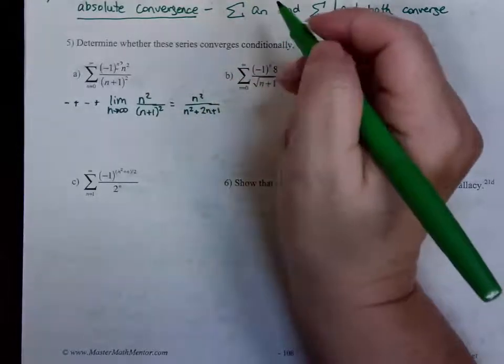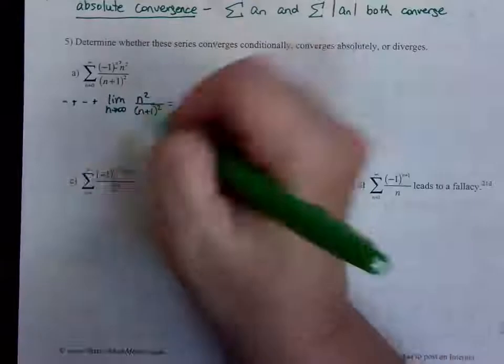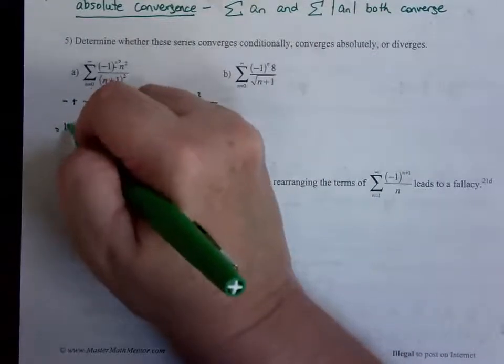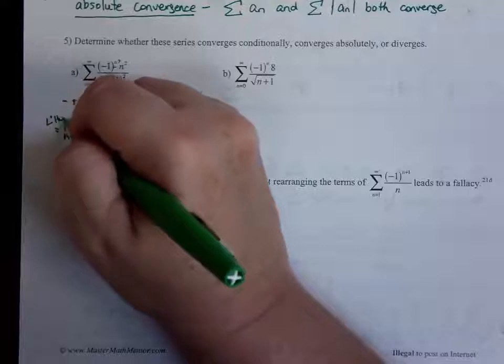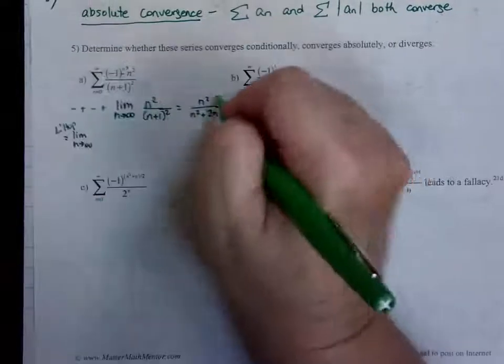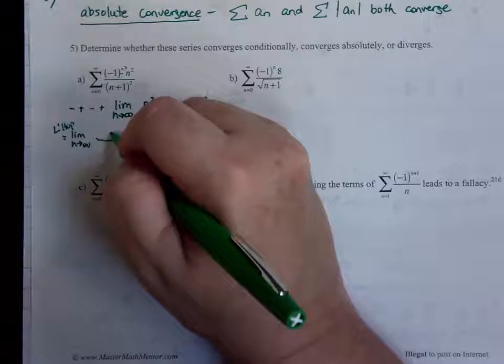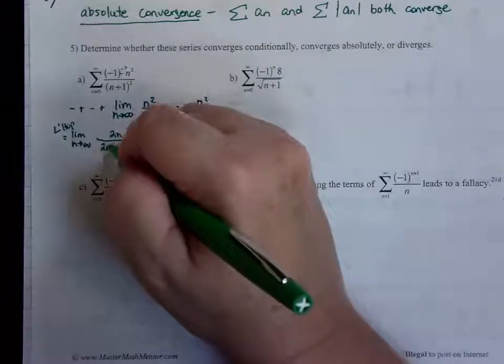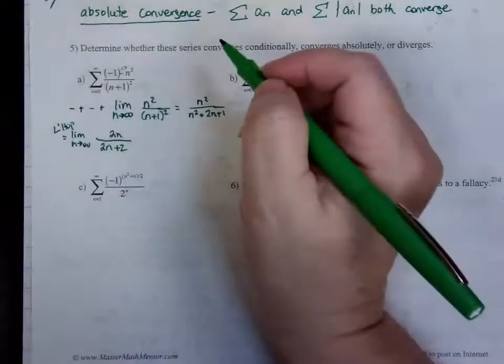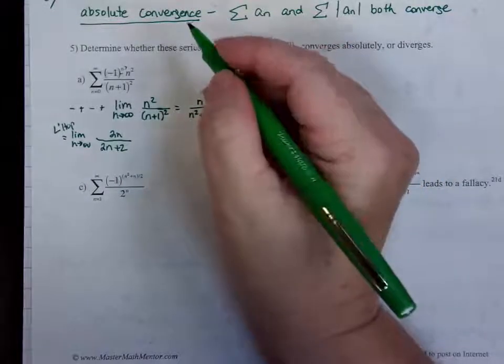Okay, now I need to apply L'Hopital's to this. I'm going to write L'Hopital, L-hop. So the top would be what? 2n, and the bottom would be 2n plus 2. Okay, can I take the limit yet? No, got to do it again.